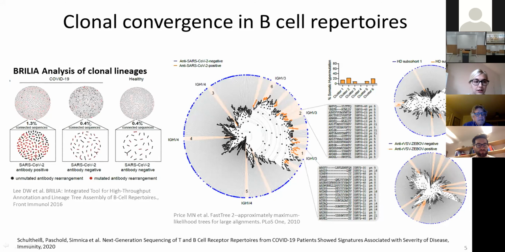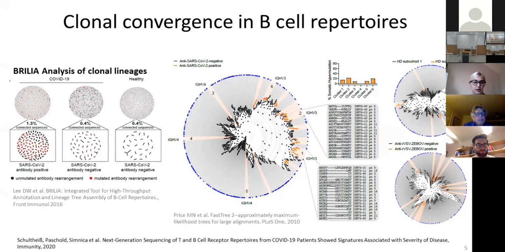And here we see that the antibody positive samples of COVID-19 had more connected sequences. So there was some antigen-specific proliferation going on and some clonal evolution going on. These are the controls, where only a few connected sequences are seen.